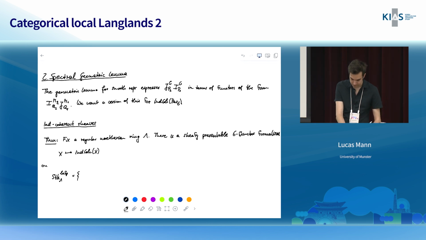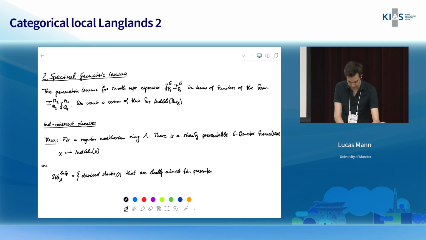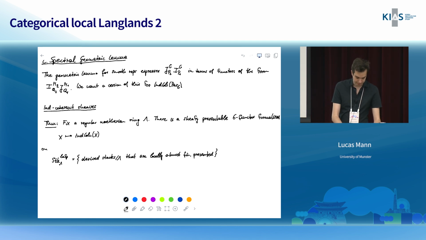So these are just stacks or derived stacks over lambda. And this LAFP stands for locally almost finitely presented. And I will not go into the technicalities of that definition, but it's roughly some derived version of finitely presented. And locally, of course, means only locally on some cover.